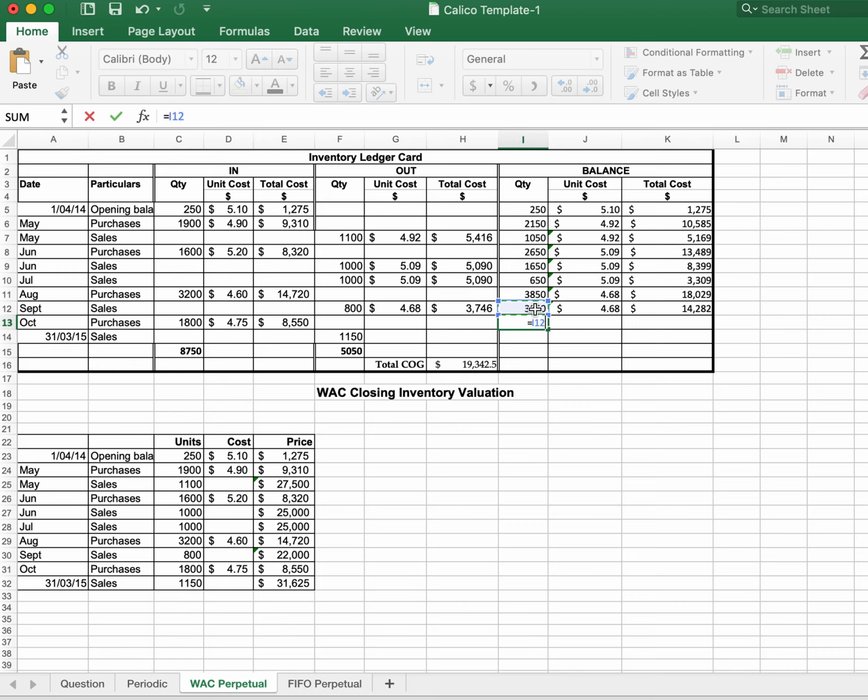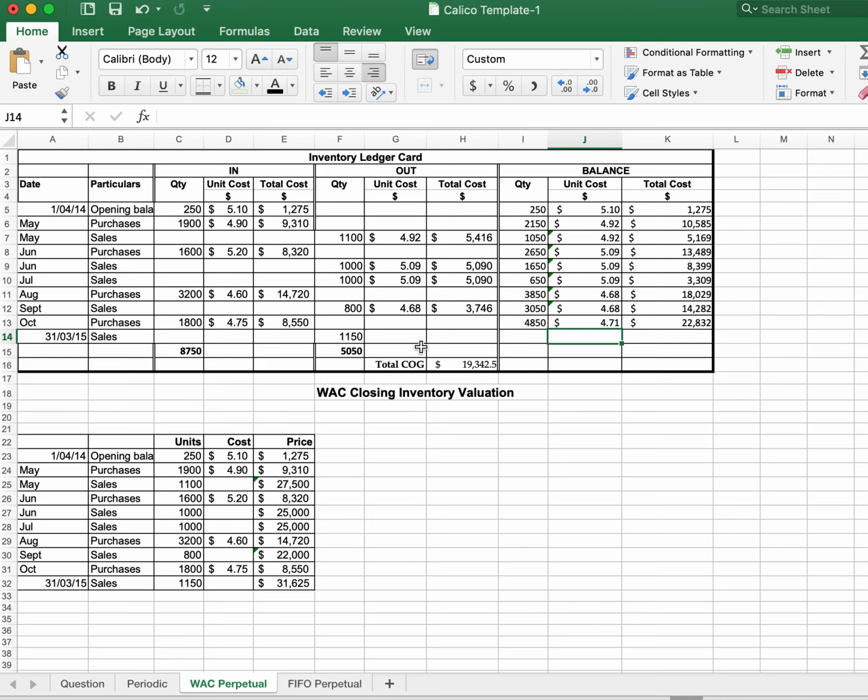We have purchased another 1,800, and spent that amount, 8,550, plus what we already had. Great. Therefore, the value per unit is the value divided by the units, gives us $4.71.